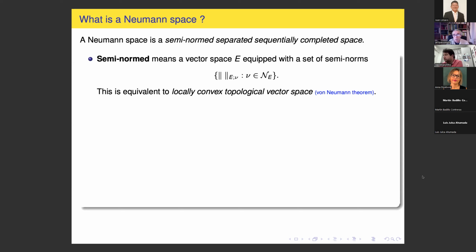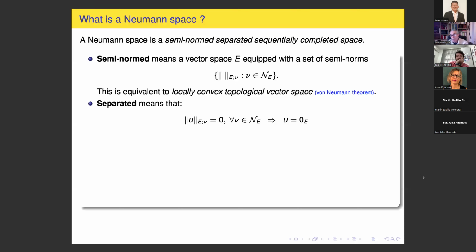The seminorms are written here, and the set of seminorms is not necessarily a sequence. It is everything, but this is equivalent to a locally convex topological vector space. That is an old theorem of von Neumann.